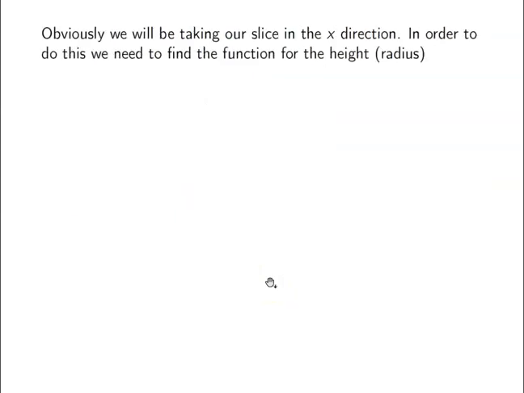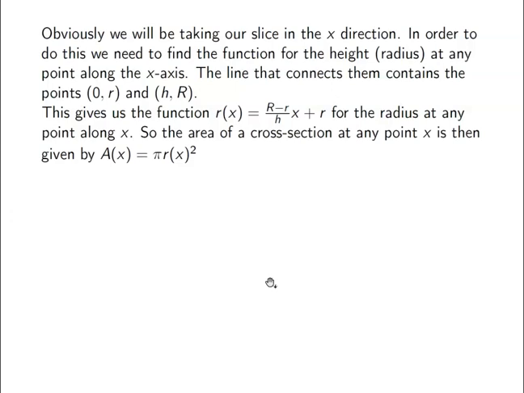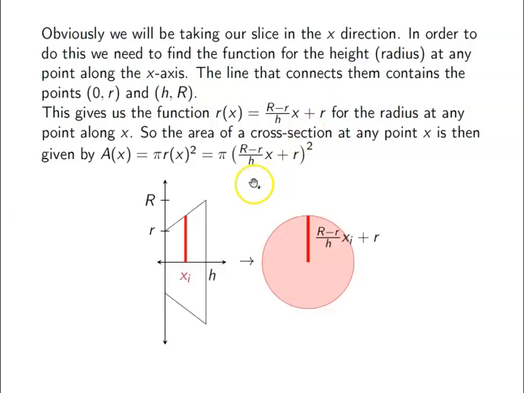A slice would be the same as a circle cross section. So I replace my function R(x) with the function I just found, that line that gives the radius. I have pi times R(x) squared. Again, I have my graph, and at any x, we'll call it x sub i.